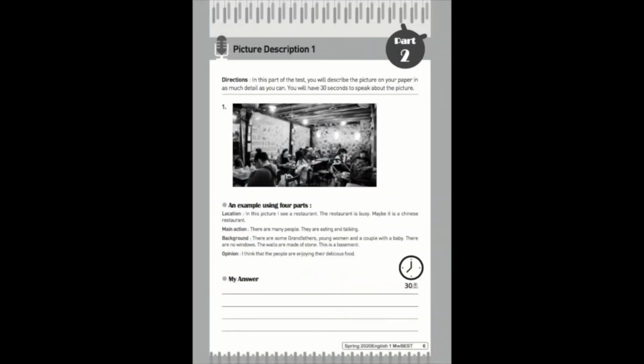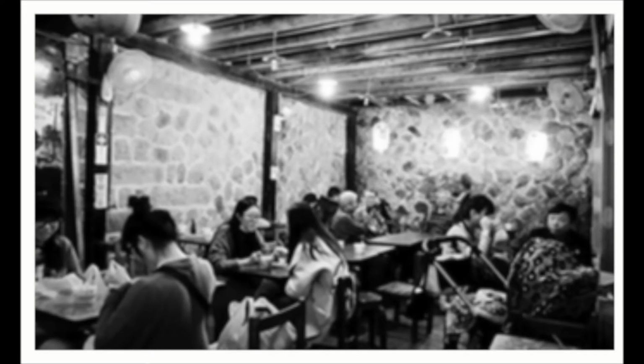Now I want you to look at the picture on page 6. I'm going to read all 4 parts: the location, main action, background, and opinion. Listen while looking at the picture. In this picture, I see a restaurant. The restaurant is busy. Maybe it is a Chinese restaurant.